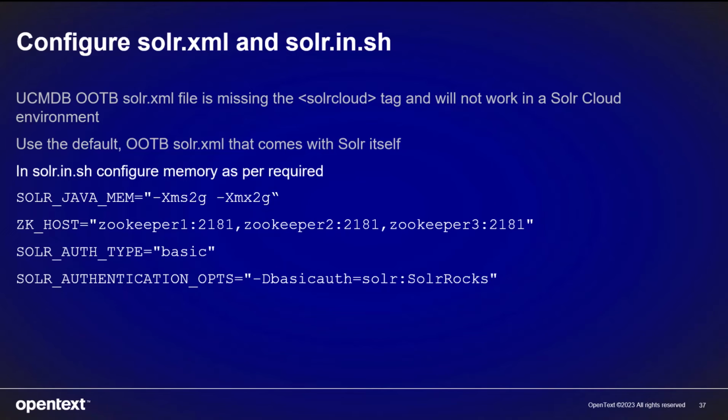If you need, you can modify the etc hosts file on the Solr system to give the IP addresses of the Zookeeper 1, Zookeeper 2, and Zookeeper 3 servers to make it easier to administer the Solr installation. Furthermore, I've configured the Solr auth type as basic and the Solr authentication options to Solr and SolrRocks.